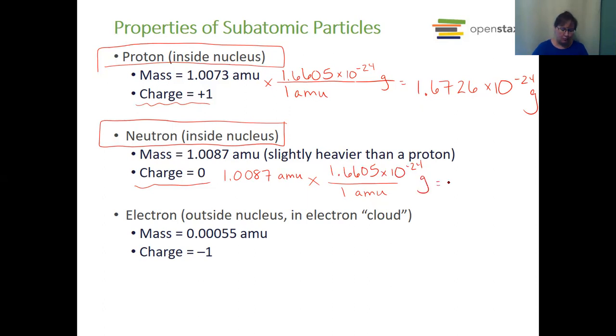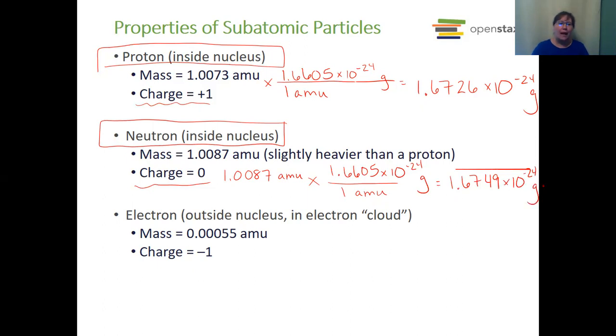We have 1.0087 times 1.6605 to the negative 24th, and with my 5 significant figures, what I get here is 1.6749 times 10 to the negative 24 grams.